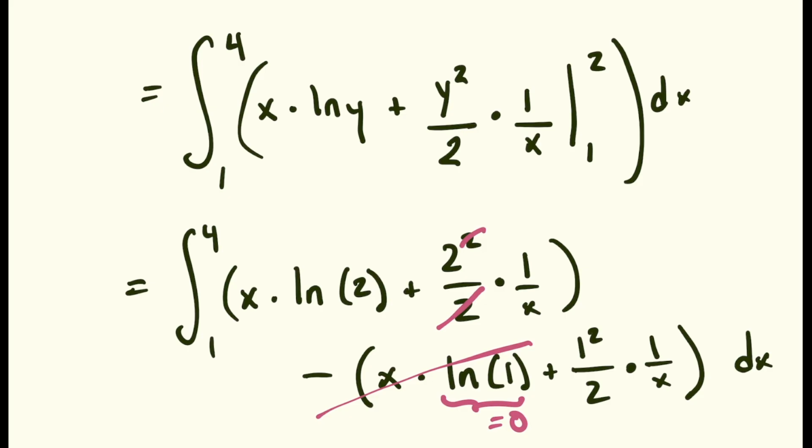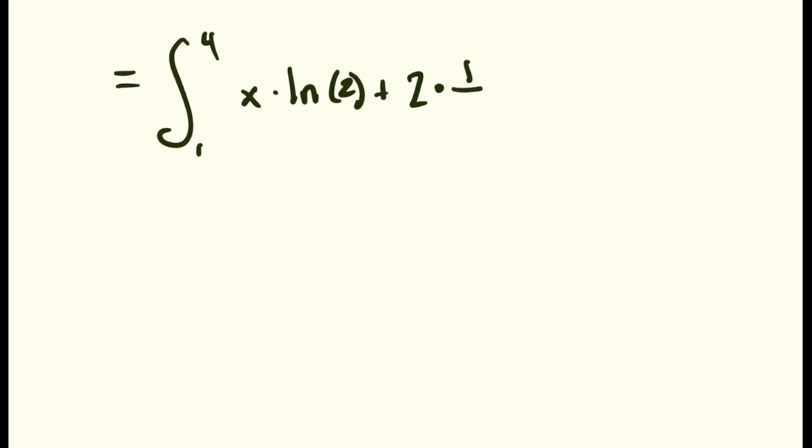And let's rewrite this a couple times so that we get a better sense of what's going on before we do any more integration. It's just going to make our lives easier. So again, we'll rewrite our integral, and that x times the natural log of 2 just follows along. We have plus 2 times 1 over x minus 1/2 times 1 over x dx.